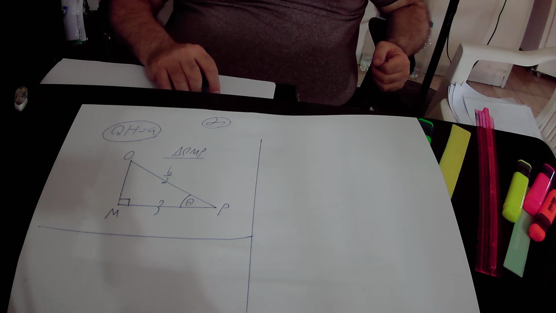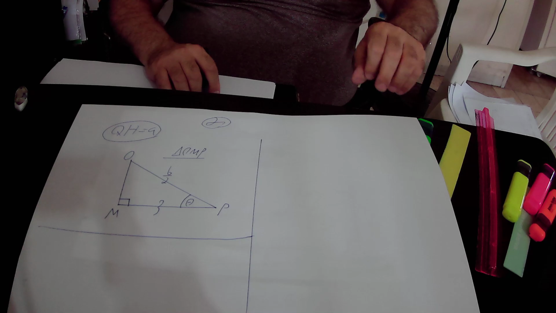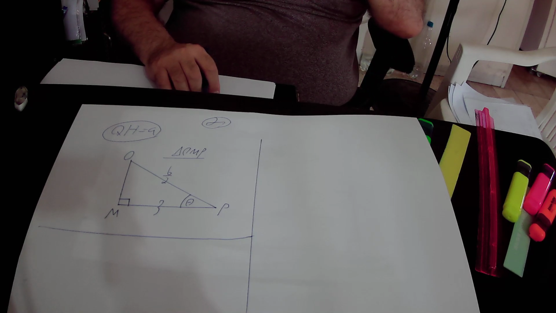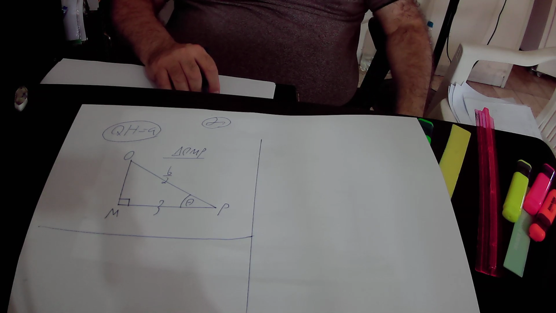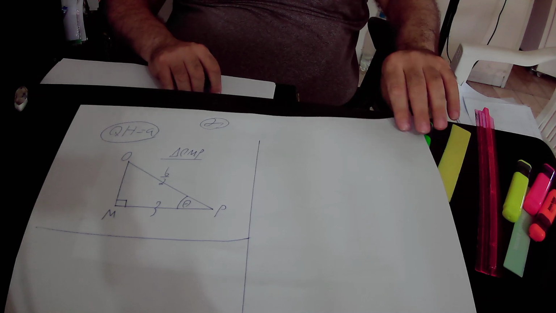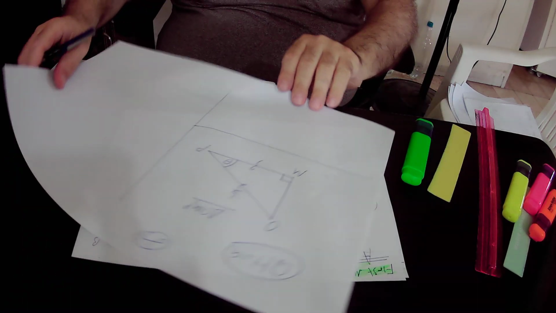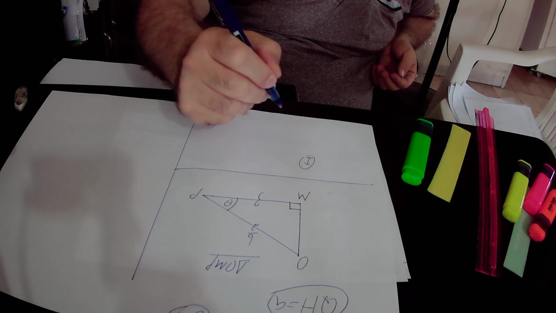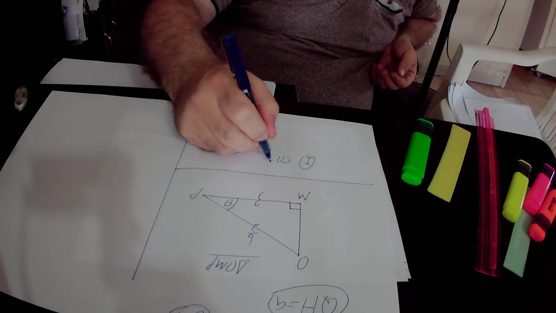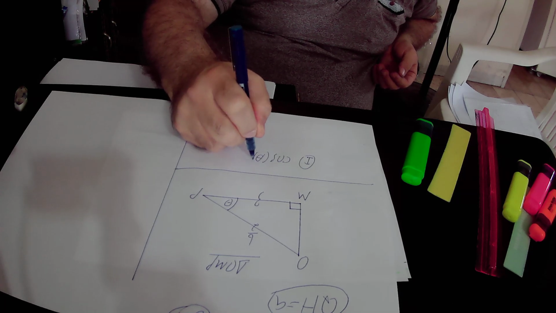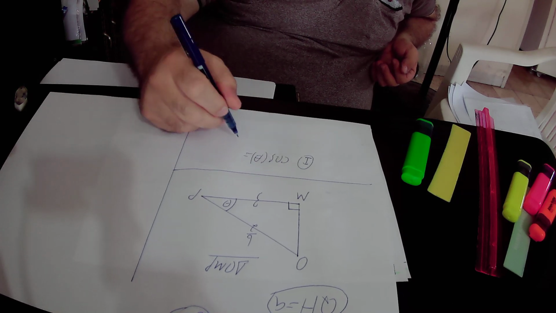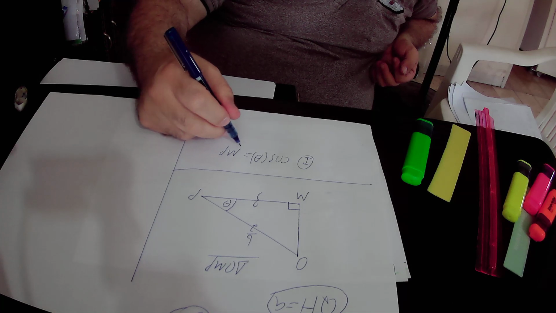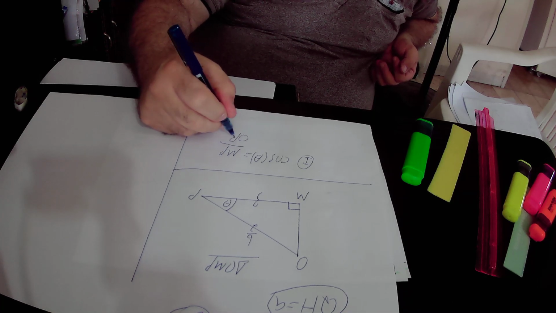And here, what is the value of cosine theta? The value of cosine theta is MP over OP. So I write it down. Cosine theta equals MP over OP.